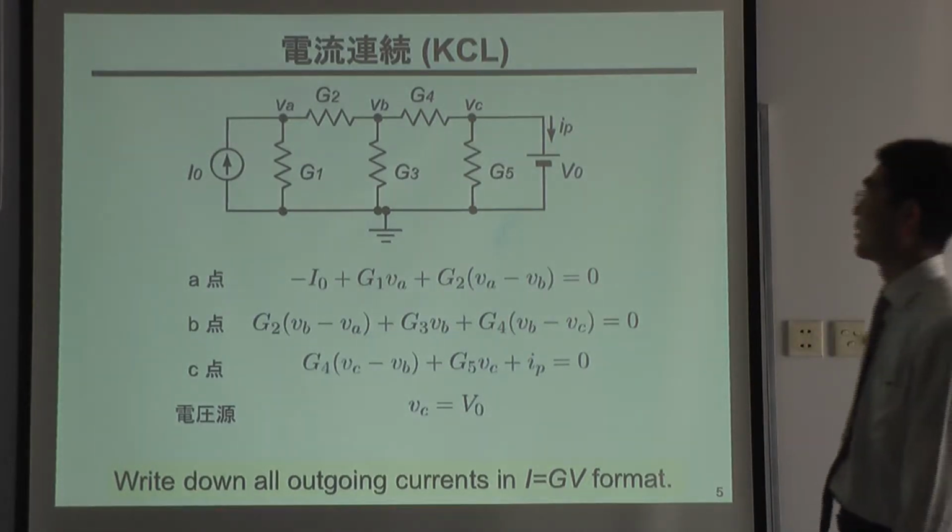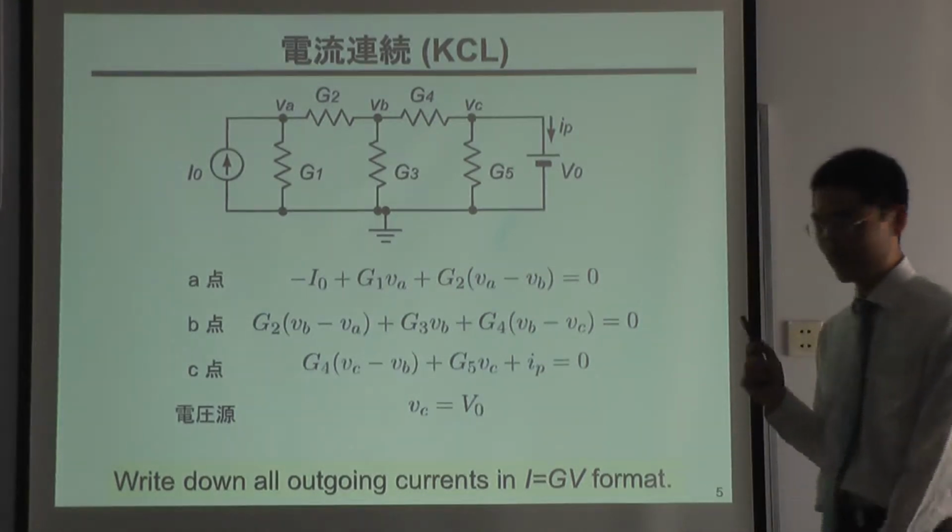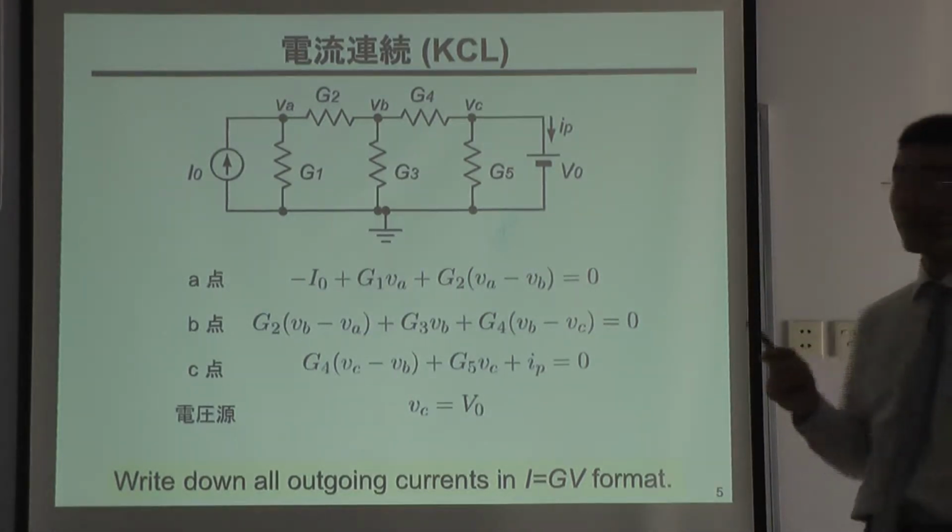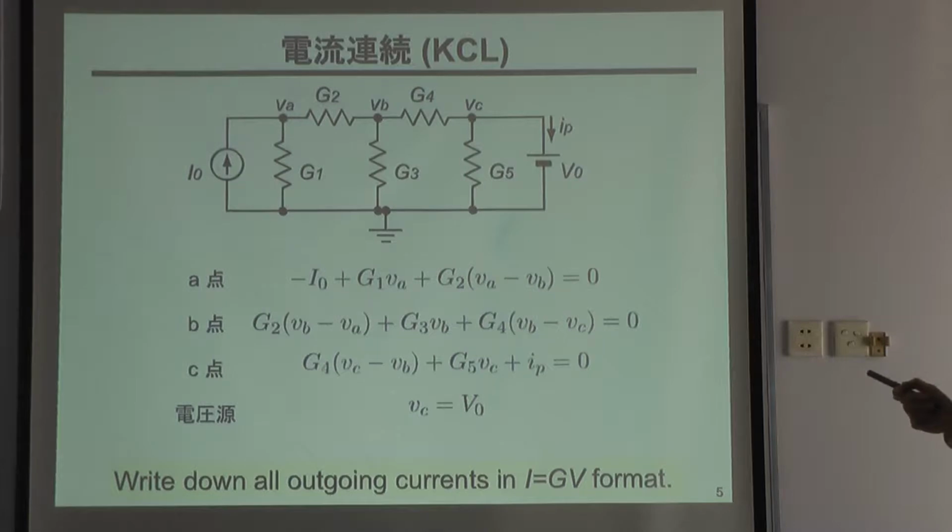Kirchhoff's current law. At point A, we have a current source going in, and the current going out from VA this way by G1 times VA.